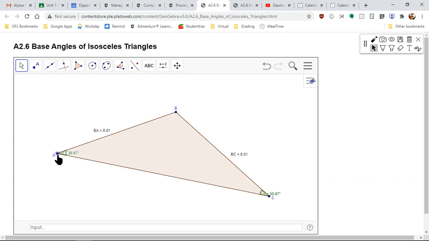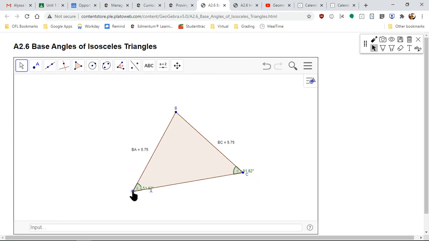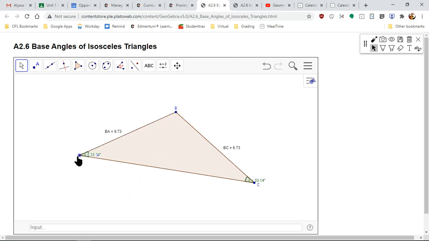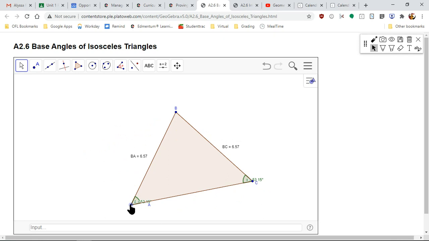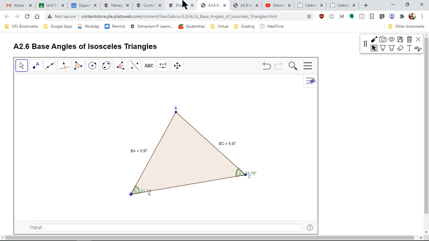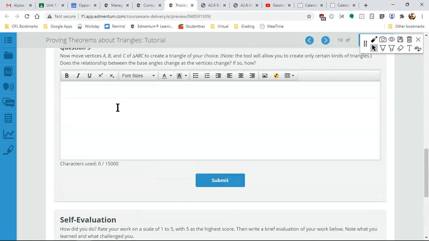If I move this around, I notice that the sides stay congruent and the angles are also still congruent. Because they formatted this so it can always be an isosceles triangle, we're going to see that they're always congruent. Like I said, it was something I knew before. You guys probably knew it too, but they want to give you a reason for it.